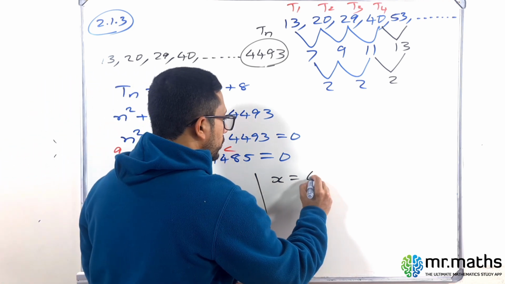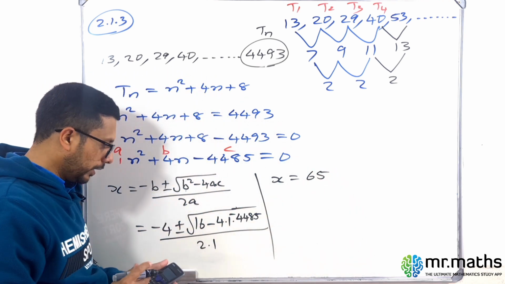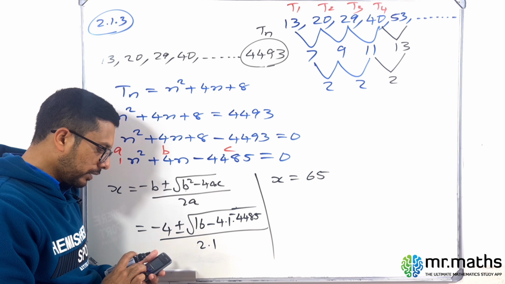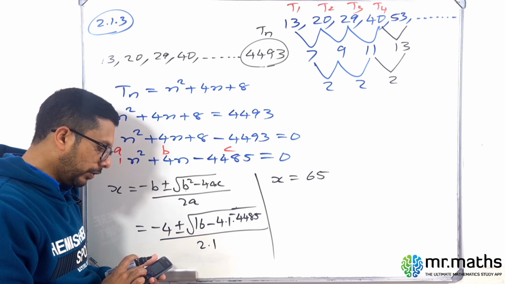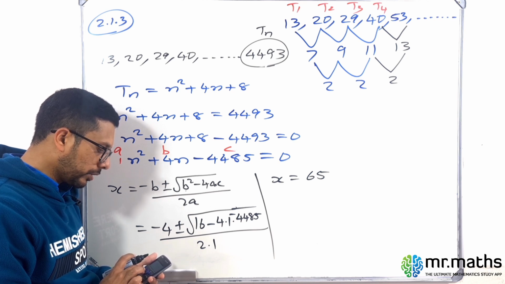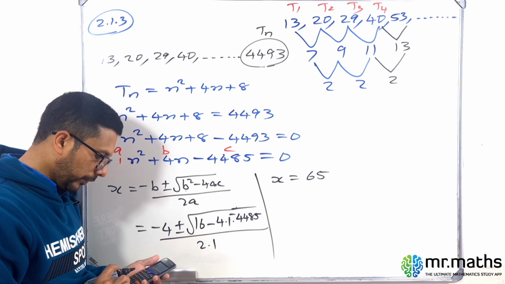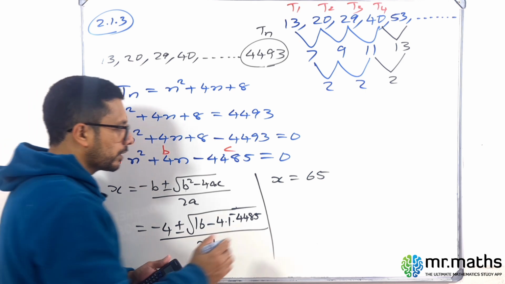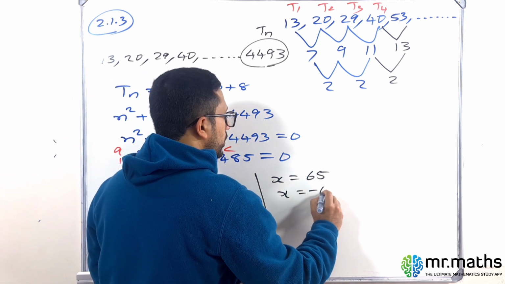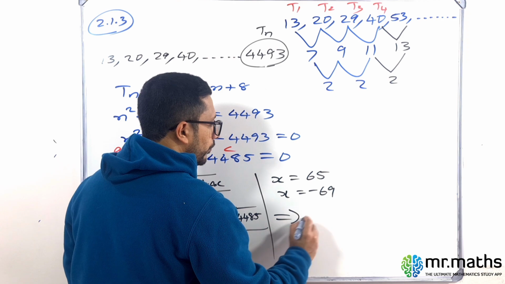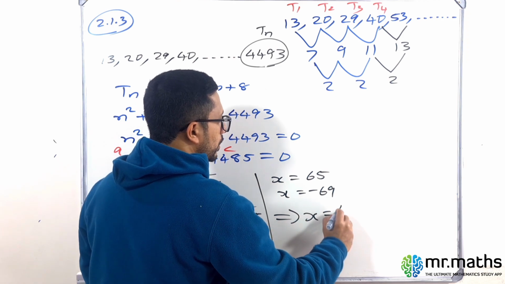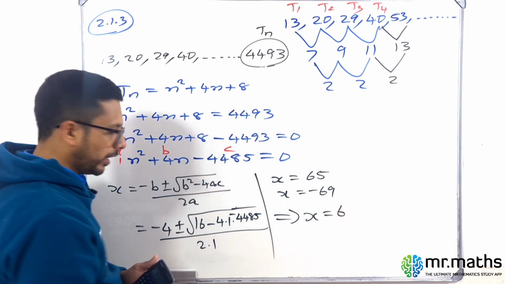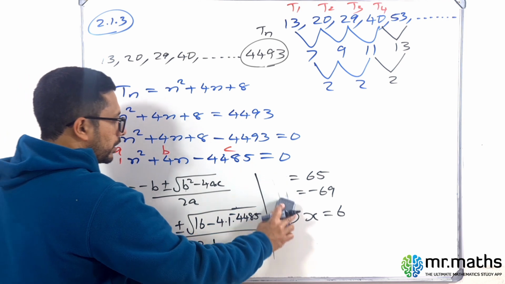So x is equal to 65 when it is plus. When it is minus, it doesn't matter, because we already got a proper number, but it is x equal to minus 69. Anyway, we got the value as 65. Is it x or n? It's not x, sorry, it's n.